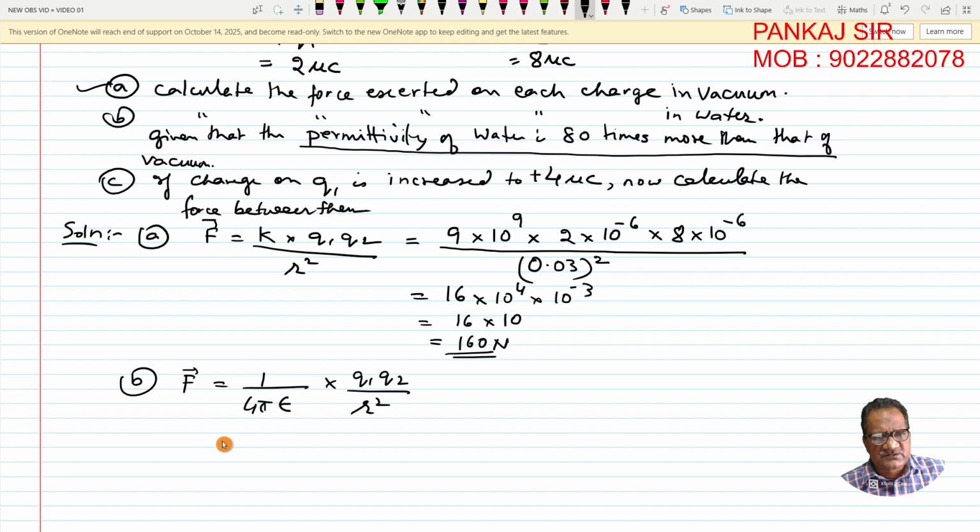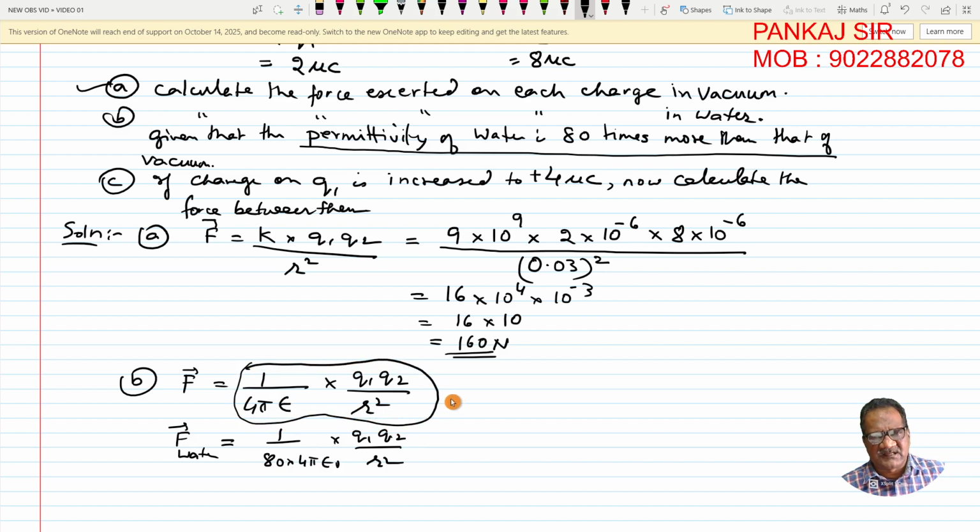So F in the case of water will be 1 upon 80 into 4 pi epsilon naught, into Q1 Q2 on r squared. Now this value you have already calculated and got as 160 Newton.